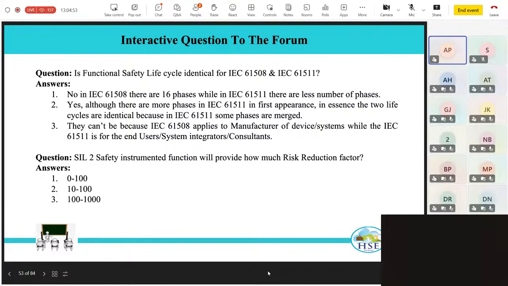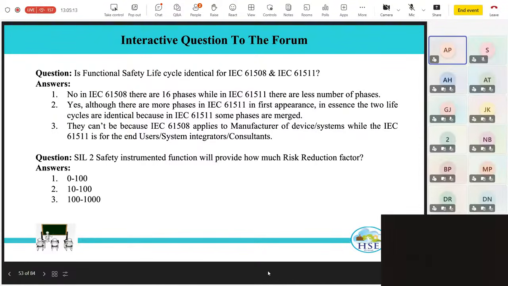So for this one, the answer is no. IEC 61508 has 16 phases, while IEC 61511 has around eight phases. The number of phases in 61511 is less, as the other phases are combined in IEC 61511.